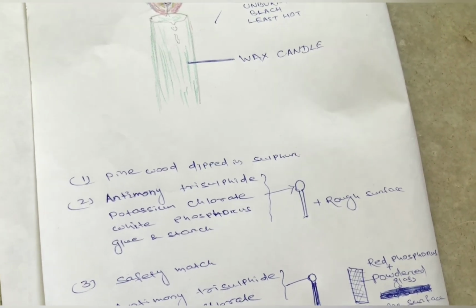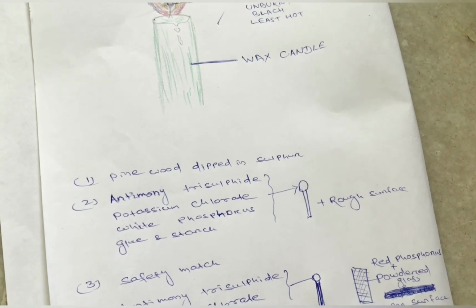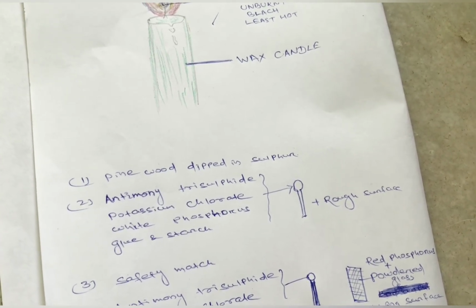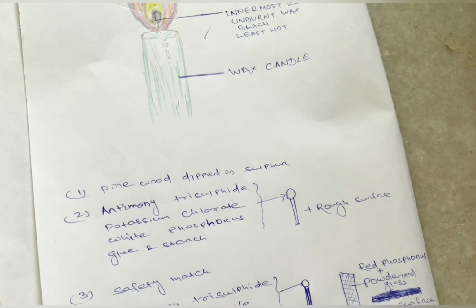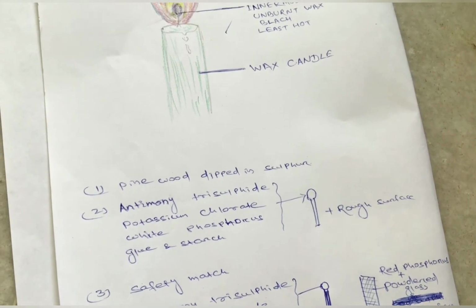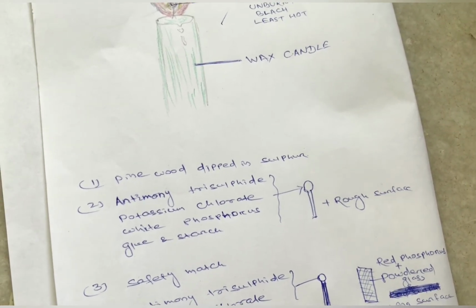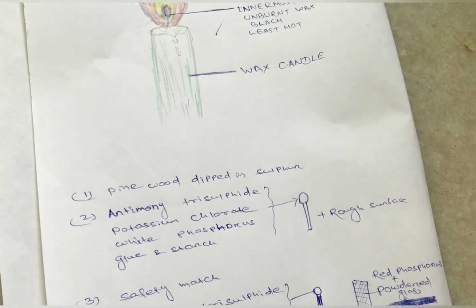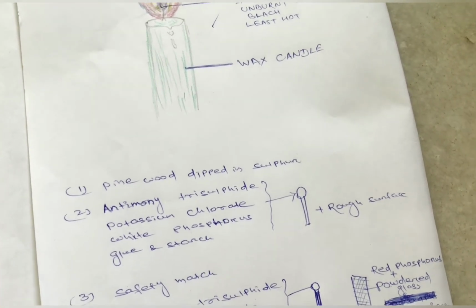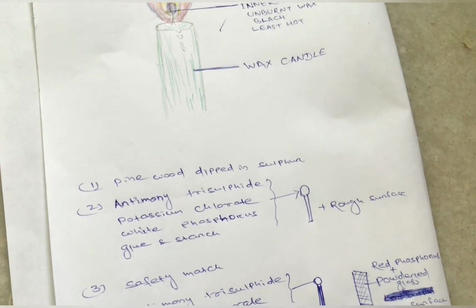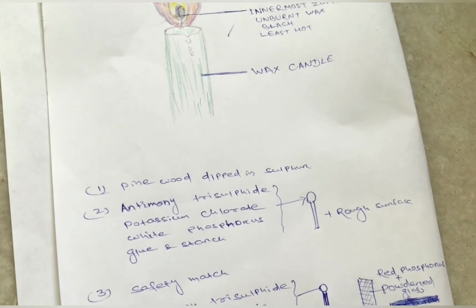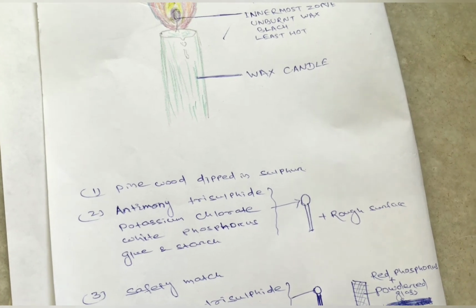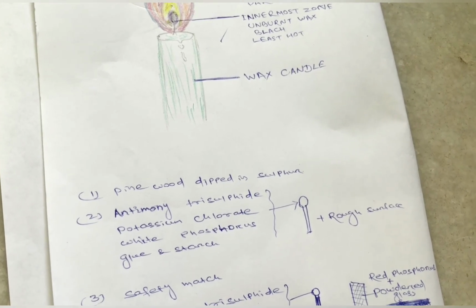Then they tried pine wood. Do you know that pine wood is very light, and when it is dipped in sulfur, eventually it catches fire. Then in the second generation, antimony trisulfide, potassium chlorate, white phosphorus, glue and starch were taken together and a mixture was created.